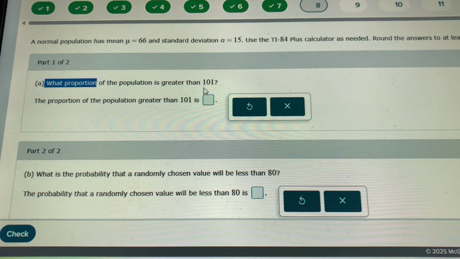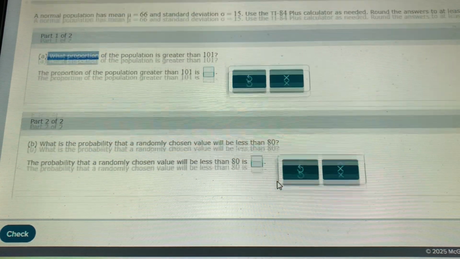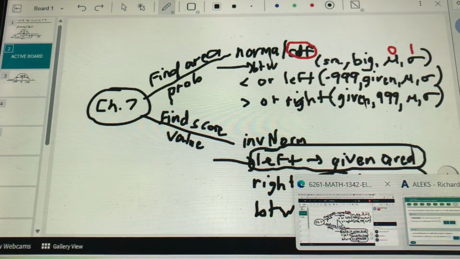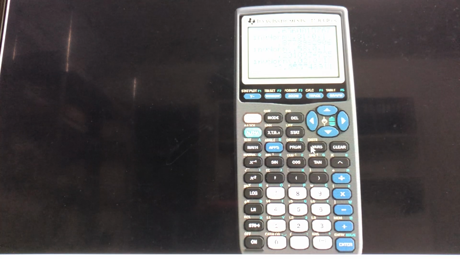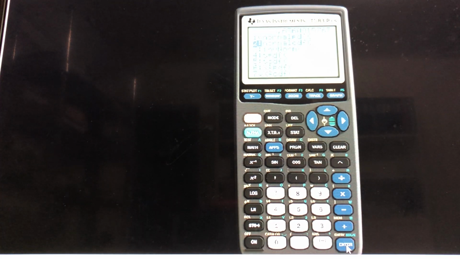Now, one issue is once these numbers start getting larger, like 101 or 80, those aren't too large, but they want me to be greater than 101. So when I do 2nd VARS normal CDF, as soon as you put 101 here, what if that was 901 instead of 101?